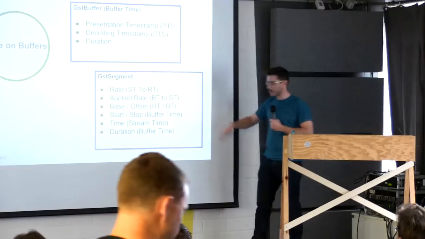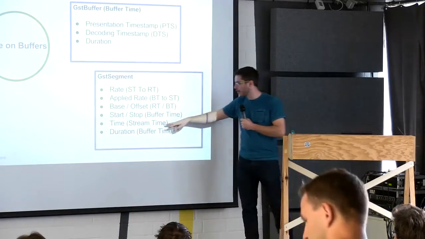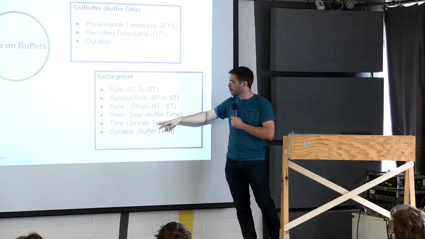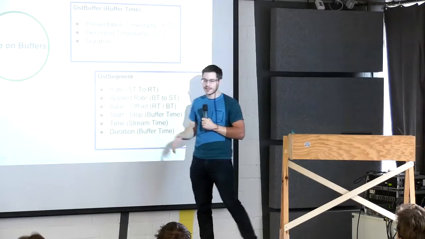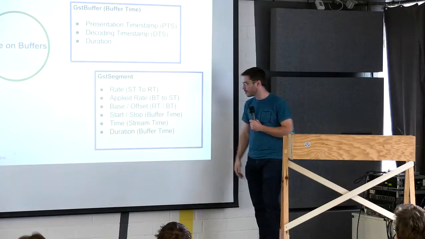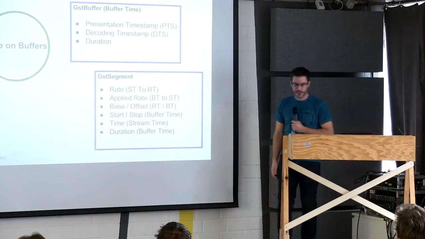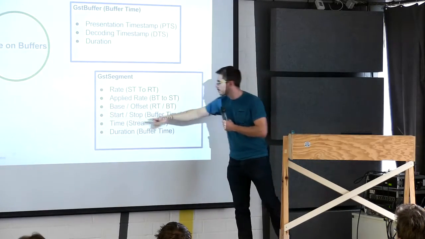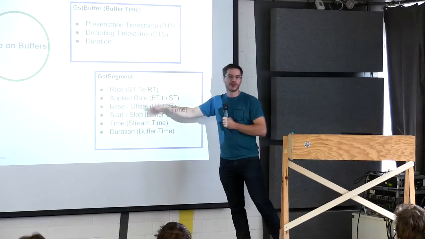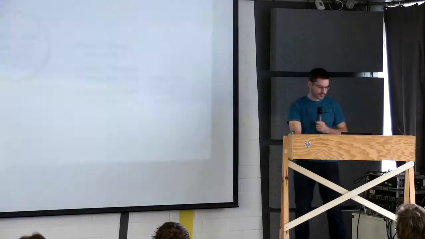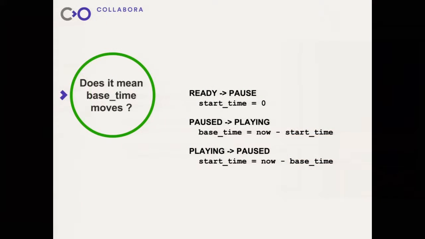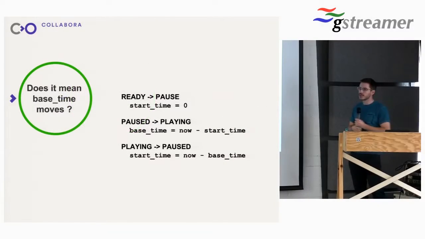Start time, stop time, this is buffer time. The time here, which is the start, it's the stream time at start. It's defined as is, so that's easy. And duration, this is in buffer time. This is really the duration between start and stop in the case where you don't know stop. It's mostly used by demux seeks, but it's not something very important. Now, as we said, start time starts with 0.